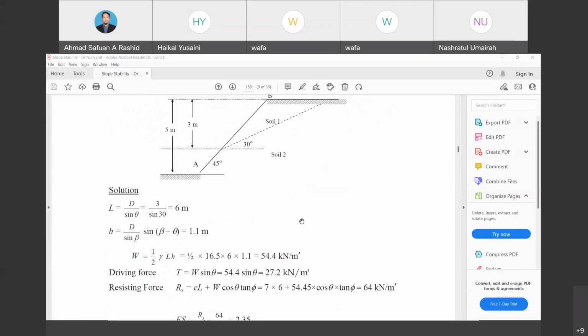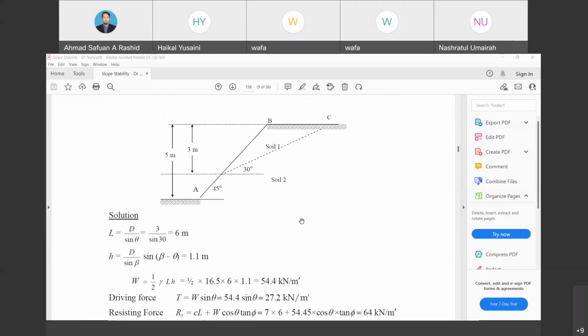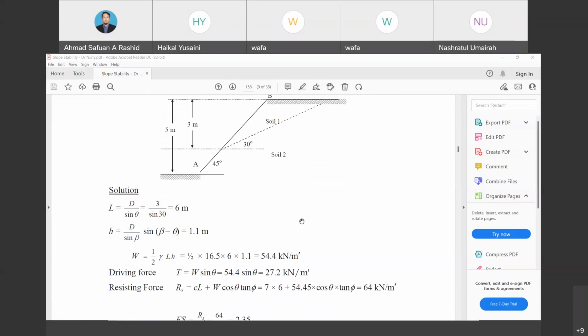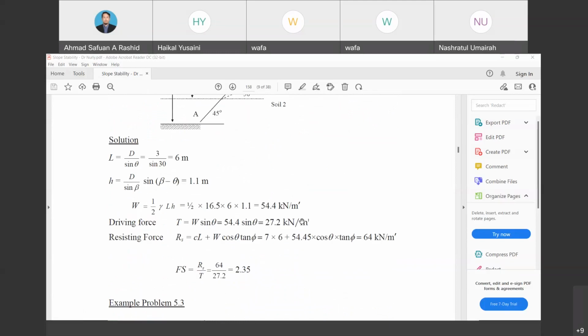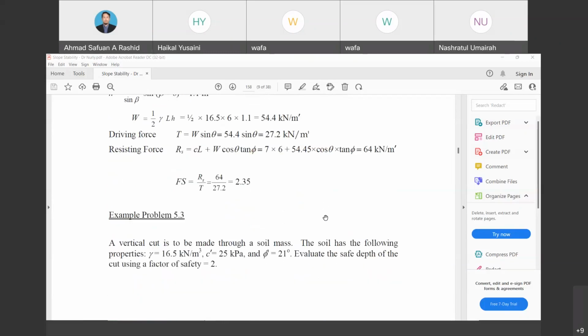Then for the driving force, T is equal to W sin theta. We just include all the input information in the equation, and the same goes for the RS. Then we obtain 64. The factor of safety is equal to 2.35. It is a straightforward calculation.